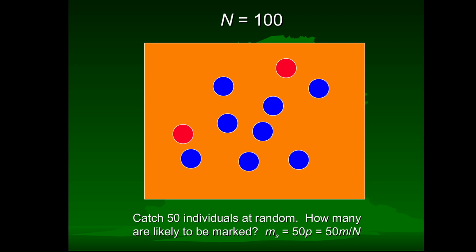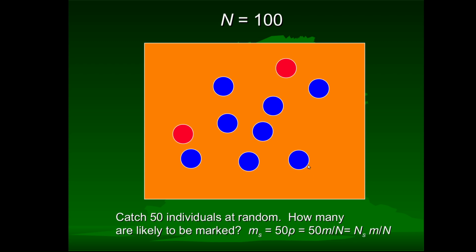So M sub S, we expect to equal 50 times P, which is 50 times M over N. Which is the number in our sample, N sub S, times the number marked M, divided by the total N. We don't know what the total N is, but we do know the number in our sample, and we do know the number that we marked.